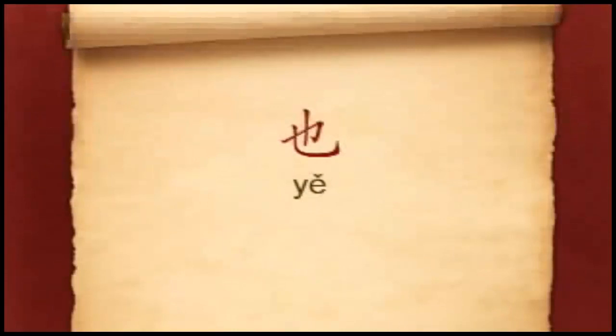It's time to go over the vocabulary in today's lesson. 也 meaning also or too is said with the third tone. Listen. 也 也 也. Now repeat after me. 也也也.